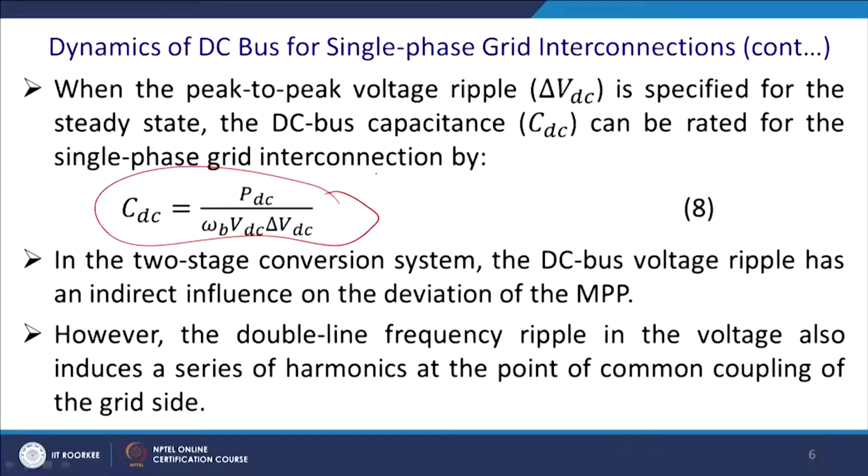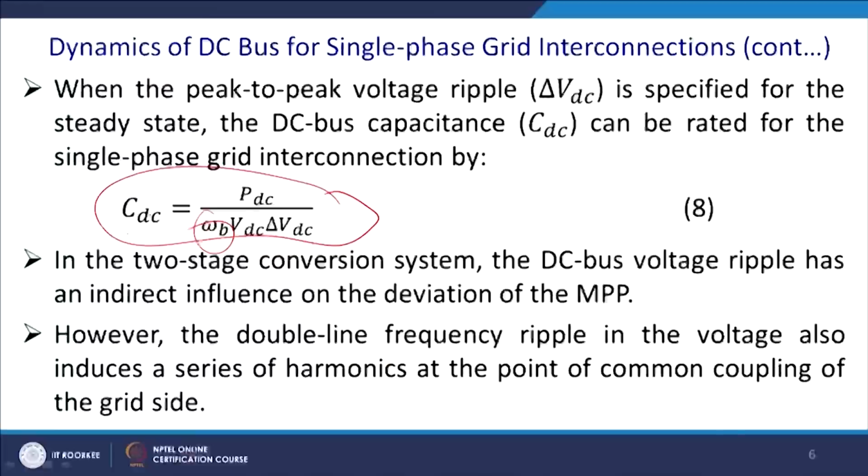So, mind it. If you are using one solar inverter which has been designed for 60 hertz, and if you wish to use it at 50 hertz, then we require to change the value of the capacitor, otherwise you will find that the ripple will be more.